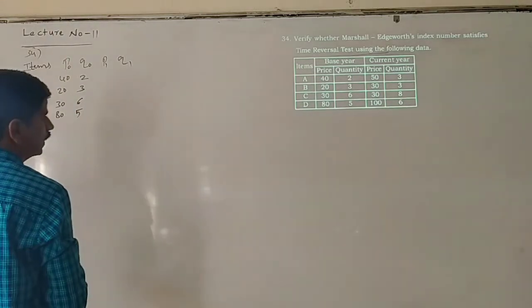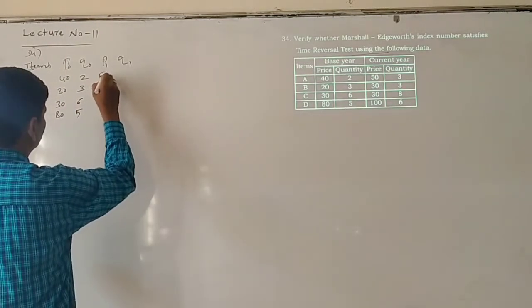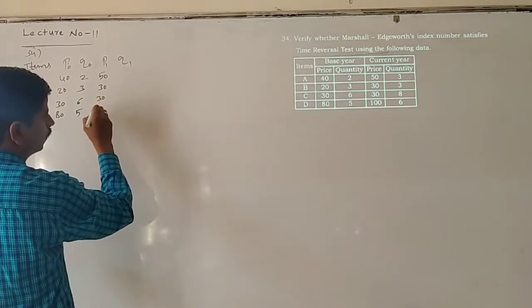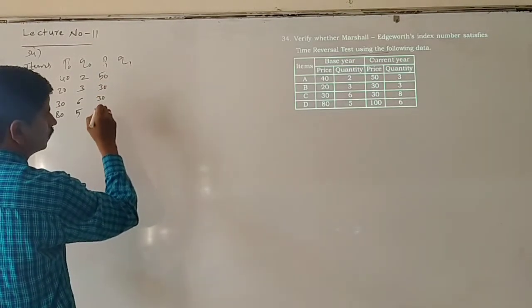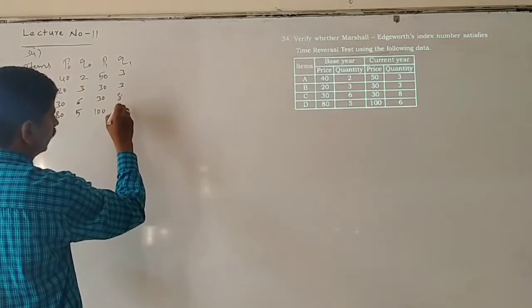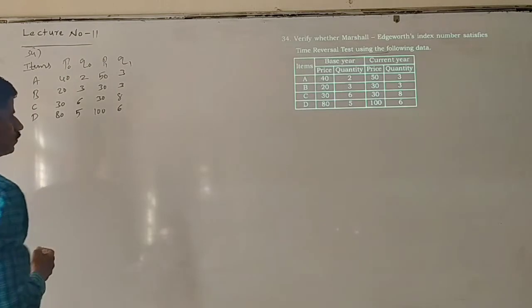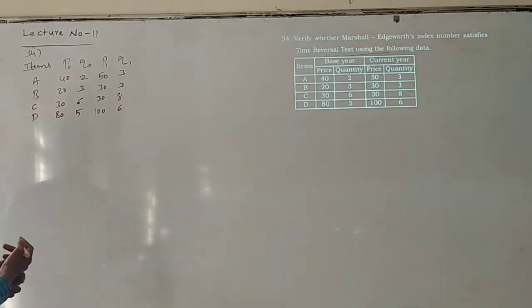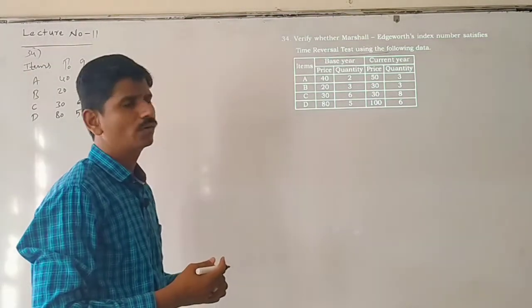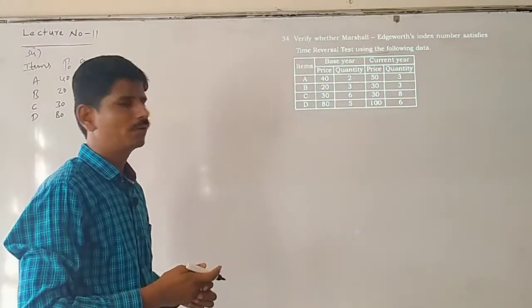Next price 50, 30, 30 and 100. Quantities 3, 3, 8 and 6. Okay, here we have to verify whether the Marshall-Edwards index number satisfies time reversal test. So they are asking only time reversal test.